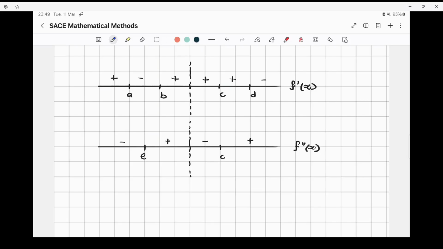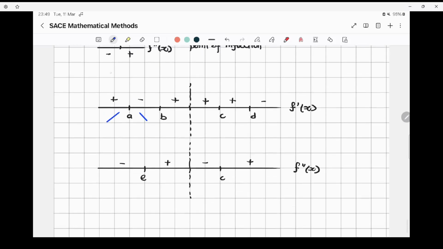So you need to combine the information of these two sign diagrams to actually tell you what are the natures of all those points. So over here, when you look at the f prime sign diagram, plus means increasing function, minus means decreasing function. So over here, you can already see that A has to be maximum.